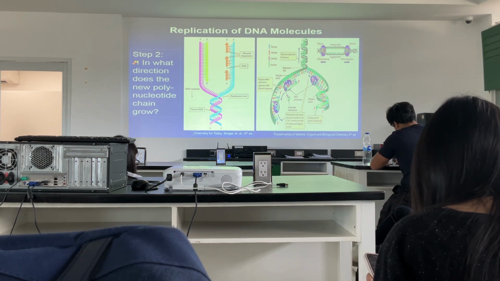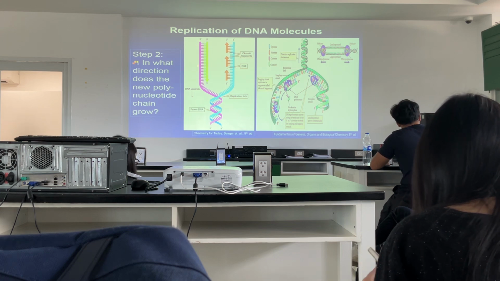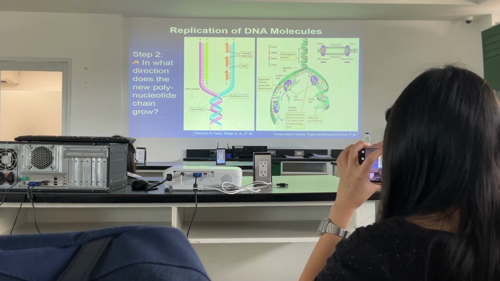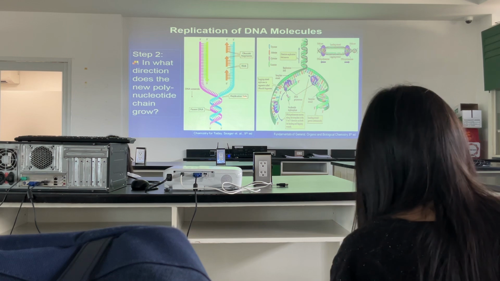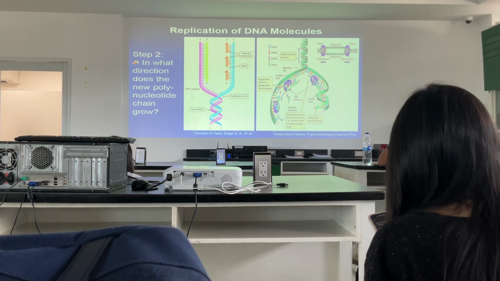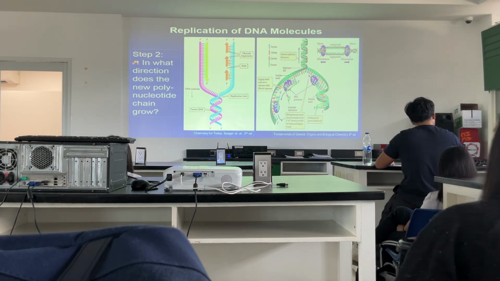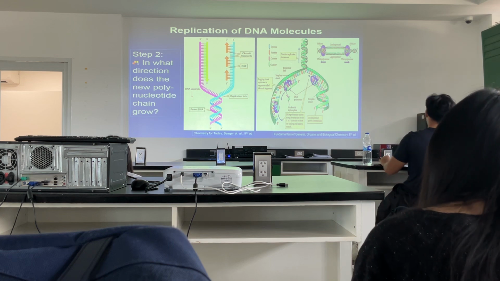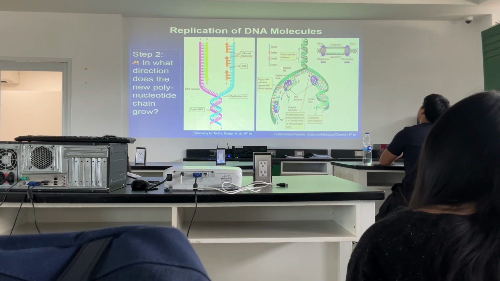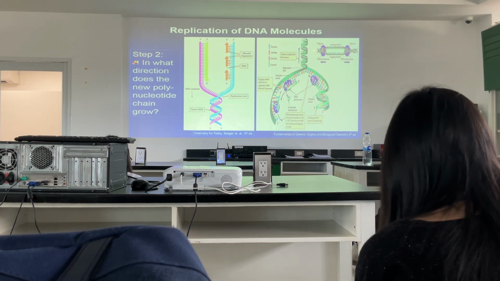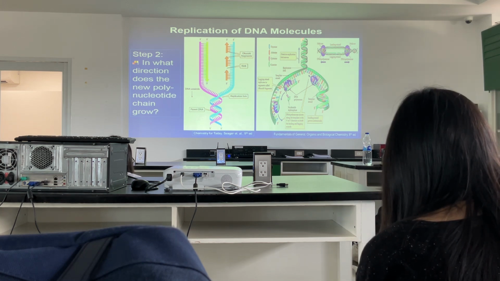So that's why if replication occurs from the 3' to the 5' end, then the growing strand will be from the 5' to the 3' direction. That's the direction of the growth of the new strand. And please take note here, the replication fork moves from the 5' to the 3' end. So later it has an importance.